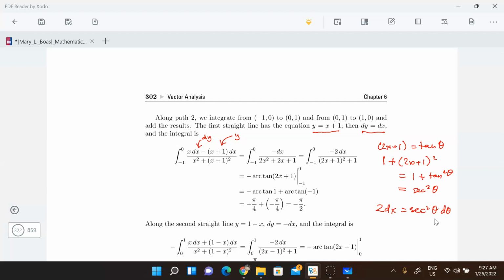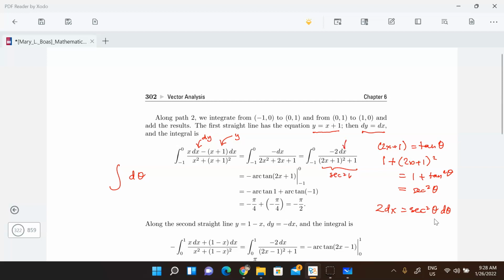What will you get? You would get again a similar thing that you have seen in the case of the semicircle. You get the integral of d theta. Well, why is it d theta only? Remember the denominator is essentially secant squared theta.